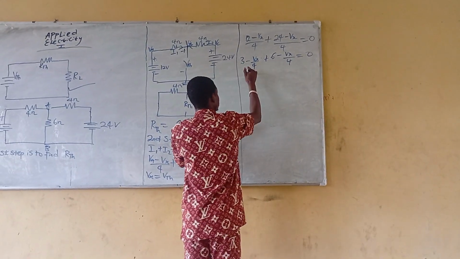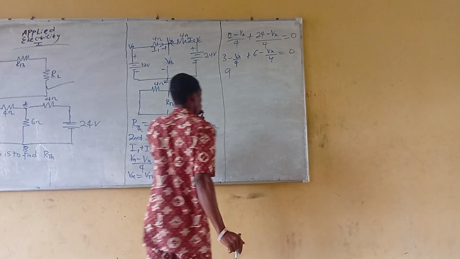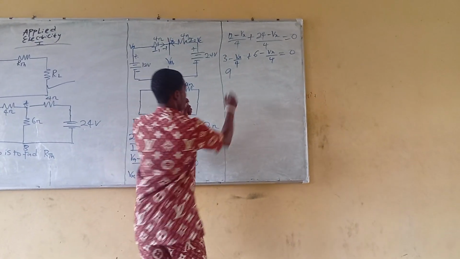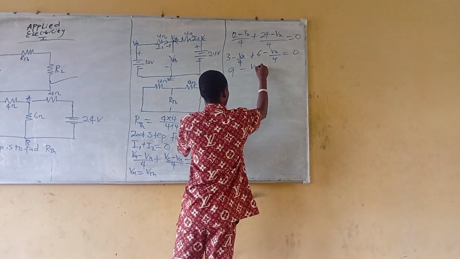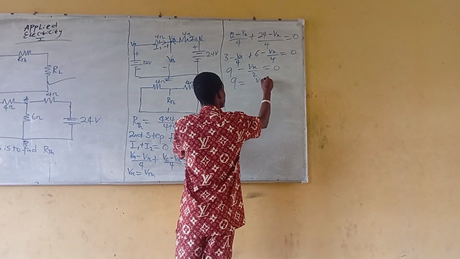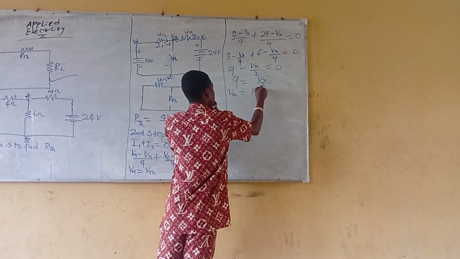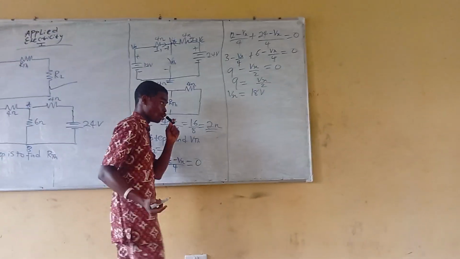So 3 plus 6 is 9. So minus Vx over 4 minus Vx over 4 should give us minus Vx over 2 equals 0. So 9 equals Vx over 2. So Vx equals what? 18 volts. Remember, we're looking for VTH.